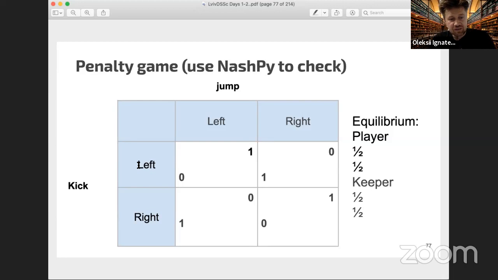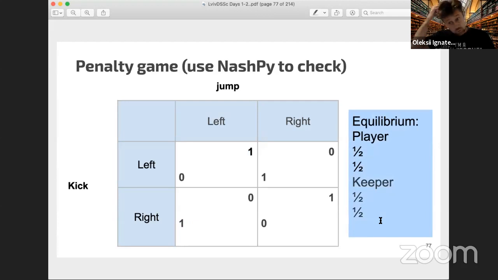So the kicker can aim for the left or the right, and we think that if the goalkeeper jumps in the other direction, it is 100% a goal. The goalkeeper can jump to the left or to the right. If the goalkeeper jumps to the left and the kicker aims to the left, then the goalkeeper will take the ball. And if not, it would be a goal.